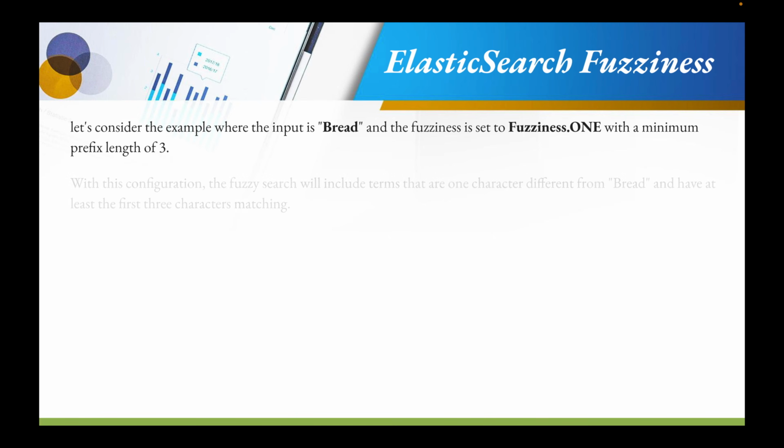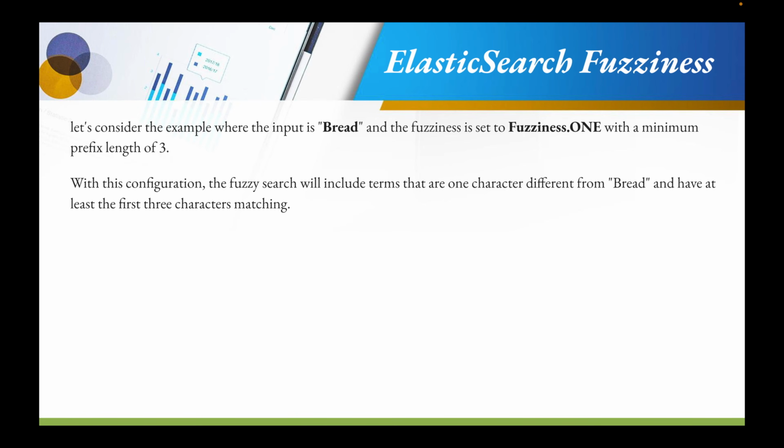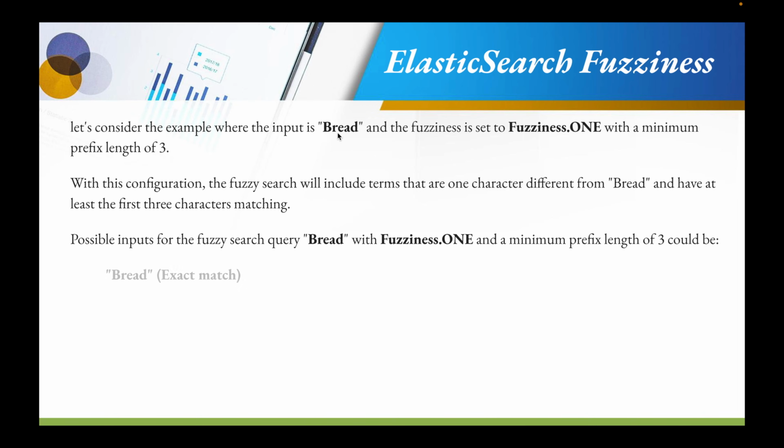with a minimum prefix length of 3. With this configuration, basically what will happen is the fuzzy search will include the terms that are one character different from bread and have at least the first three characters matching. The first three characters of bread, BRE, should match. So what are the possible combinations?